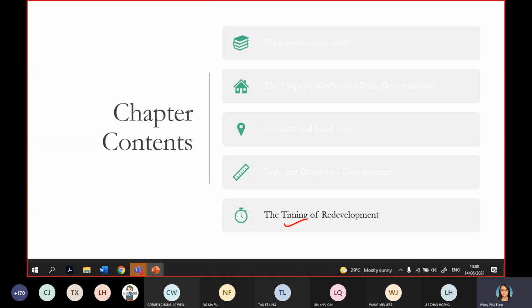The timing of redevelopment means that there is an additional characteristic of land: the highest and best use of land is constantly changing.